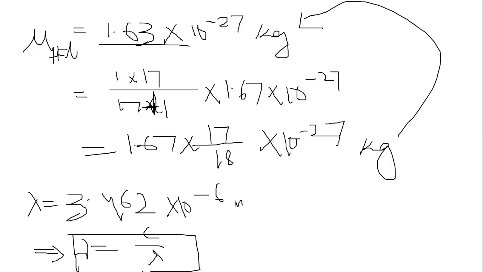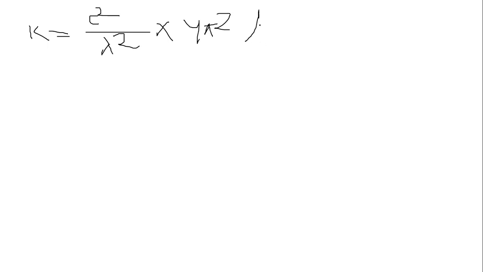When you put this, the value of k will be c square by lambda square into 4 pi square mu. We know all the values.